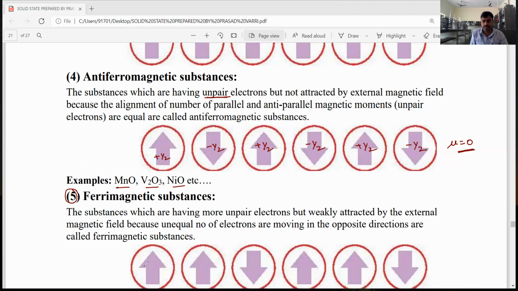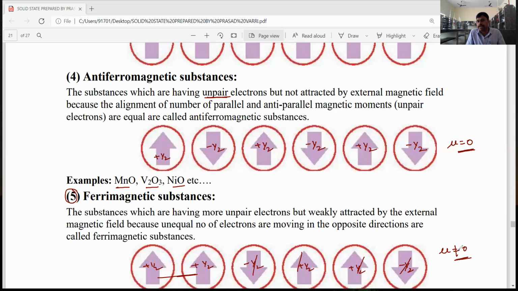For example, these three, the spin values are plus 1 by 2, plus 1 by 2, and minus 1 by 2, and plus 1 by 2, plus 1 by 2, and minus 1 by 2. See here, 2 are cancelled. This 2 is cancelled, and the spin is half plus half, so mu is not equal to 0. One came. So mu is not equal to 0.